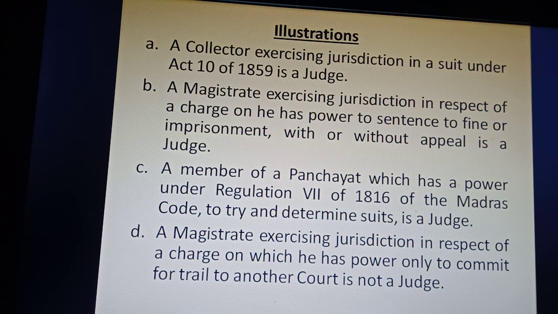So if he will not decide the case finally, then in this case, he cannot be regarded as a judge. I repeat, a magistrate exercising jurisdiction in respect of a charge on which he has power only to commit for trial to another court is not a judge. So this was section number 19.